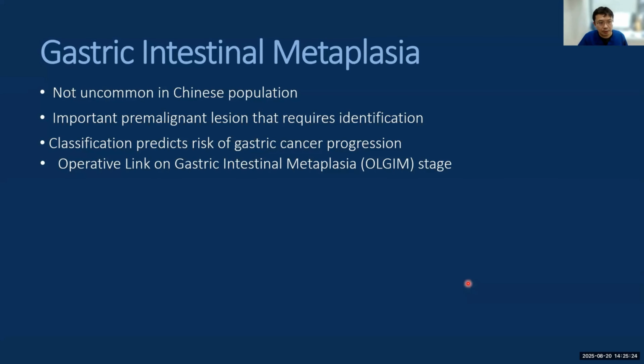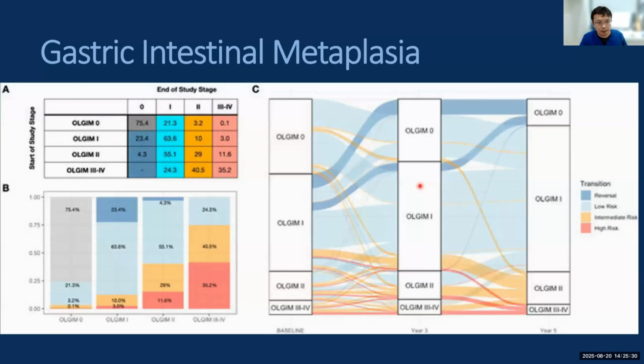The OLGIM stands for Operative Link on Gastric Intestinal Metaplasia. This is the study from our Singapore Gastric Cancer Epidemiology Study, the GCEP study, that was published in Gut.